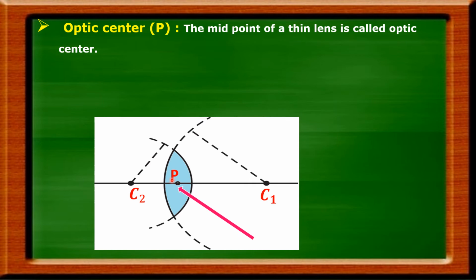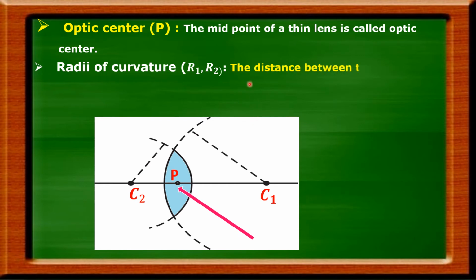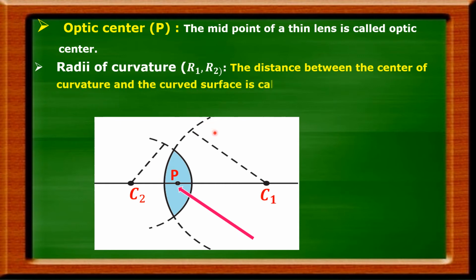Okay. Next, radii of curvature R1 and R2. Very simple. The distance between the center of curvature and the curved surface is called radius of curvature. See here. This one is called the radius of curvature.